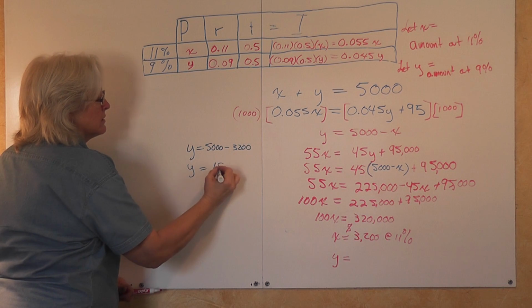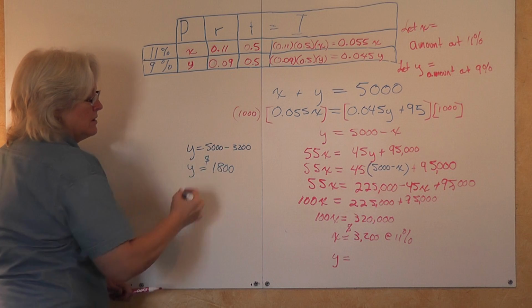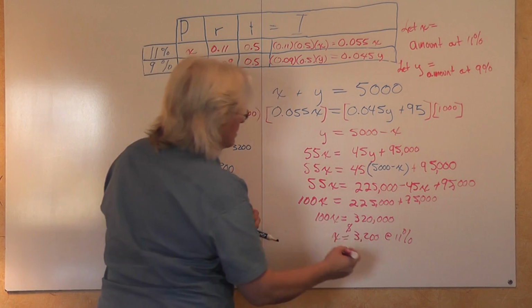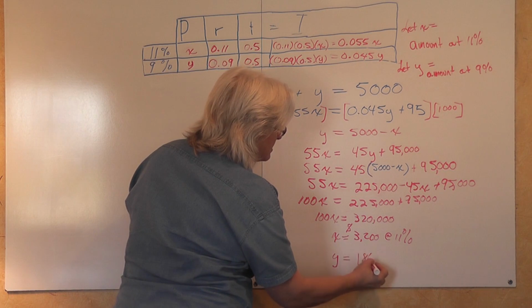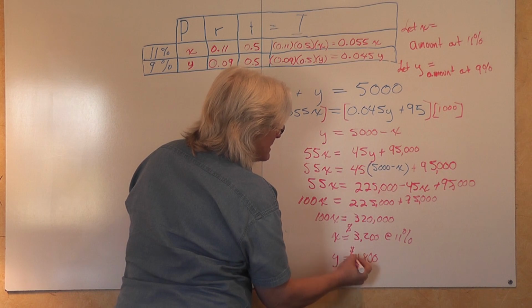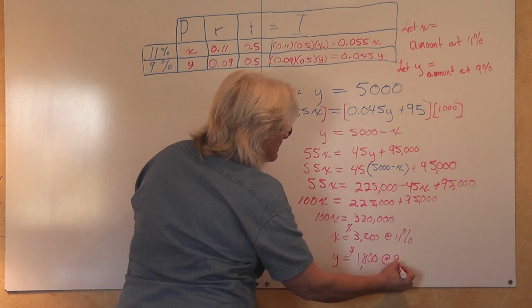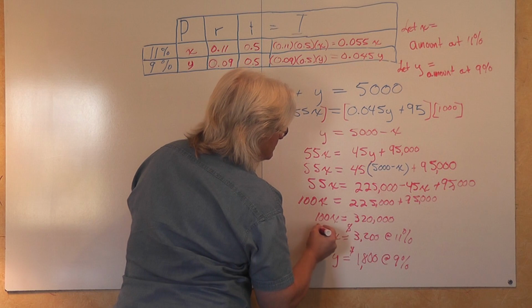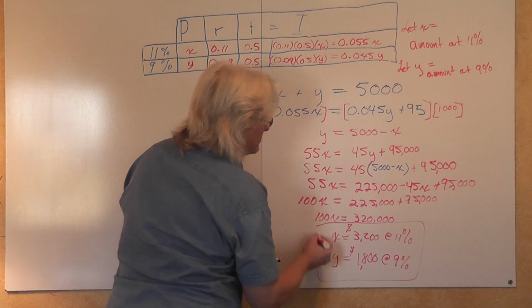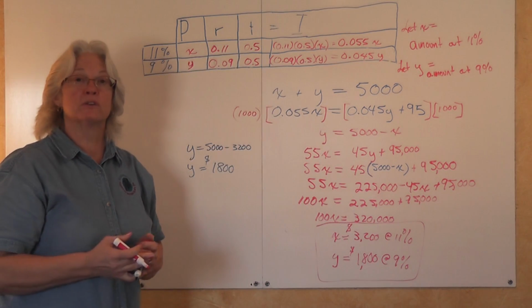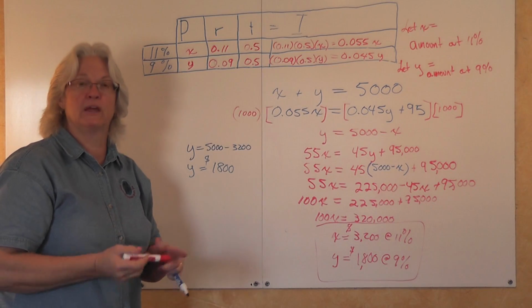So Y is equal to $1,800 invested at 9%. And there you have the solution to this second example, the end of part 2.